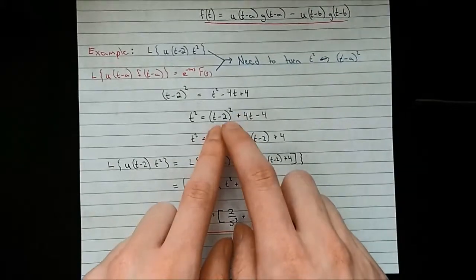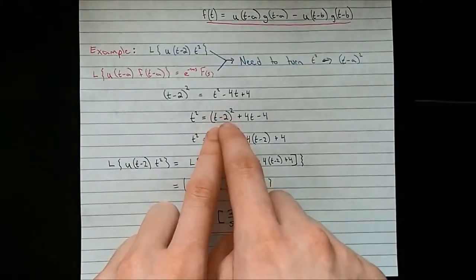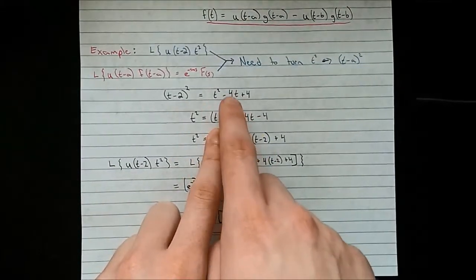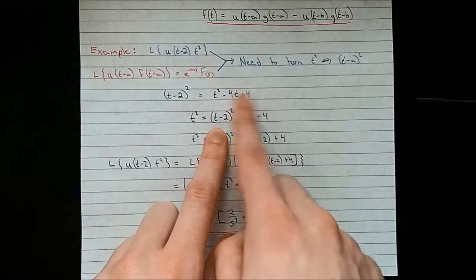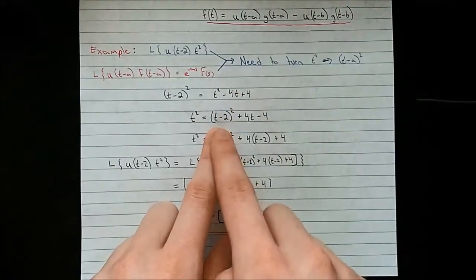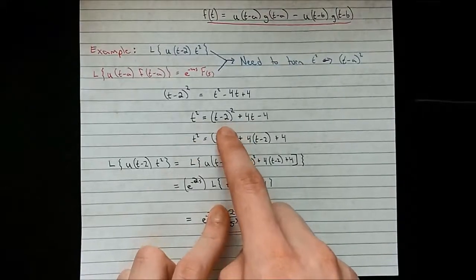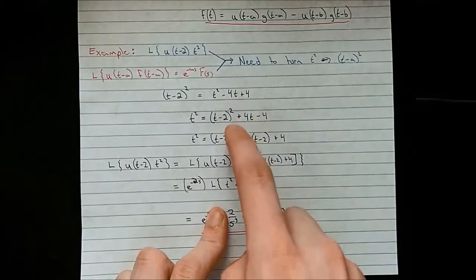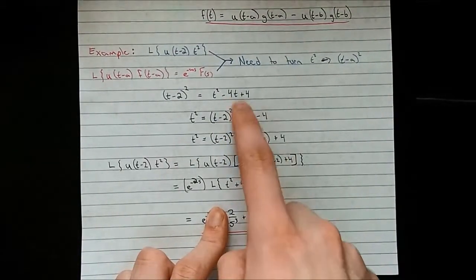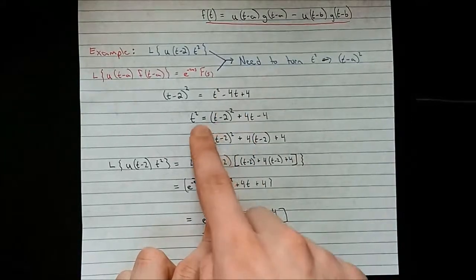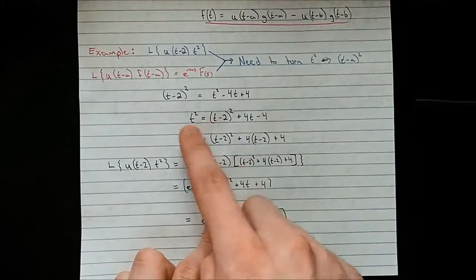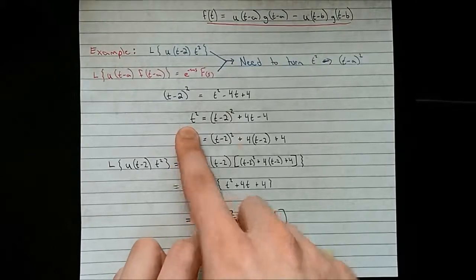So what we're going to do is we have the t minus 2 squared. We want to get rid of everything here after that t squared. So we're going to take the opposite of here. So we have plus 4t minus 4, and that gets rid of these two. If you multiply this out, collect your terms, you get t squared.